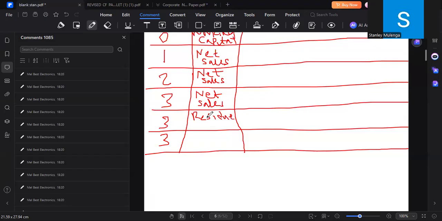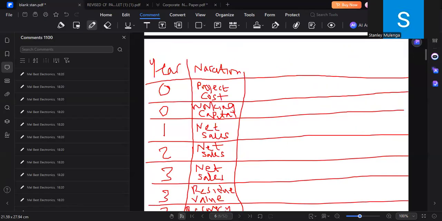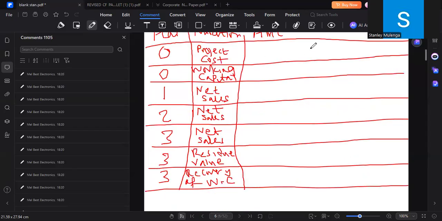Residual value, recovery of working capital. All right, so here we are going to have the amount. So we're going to find NPV2. The amount was the same, 18 million that we invested.